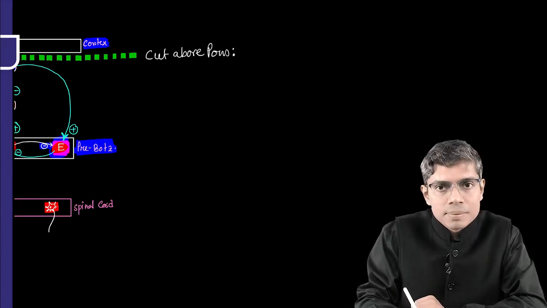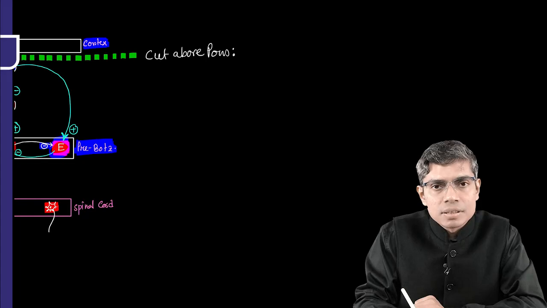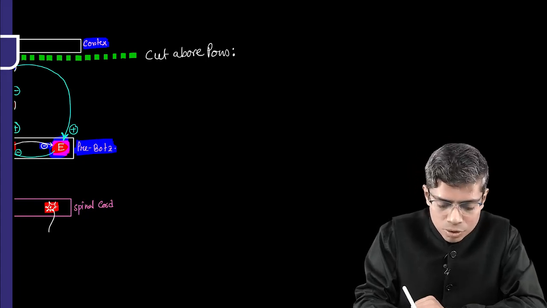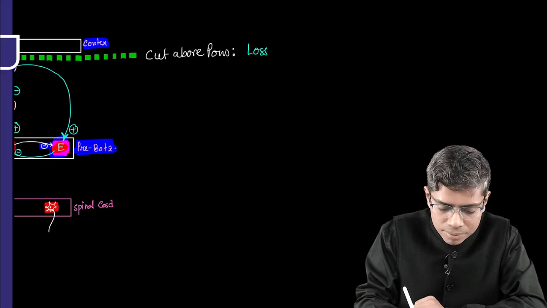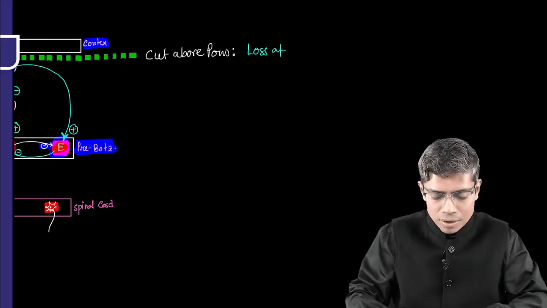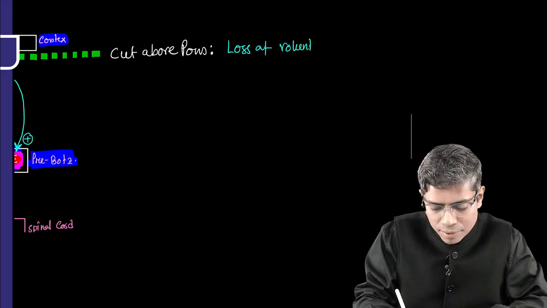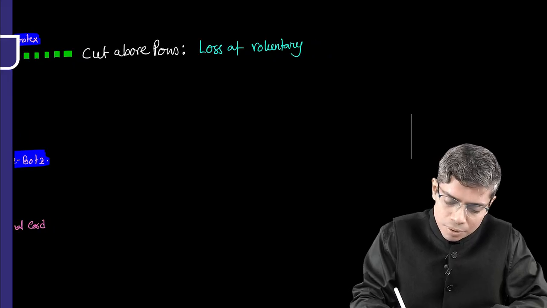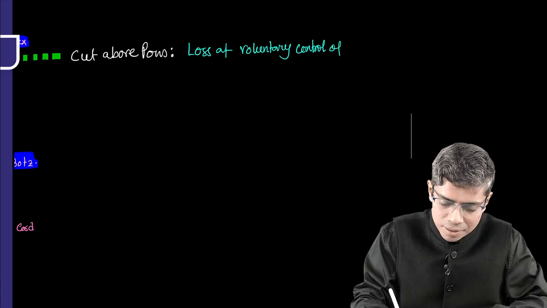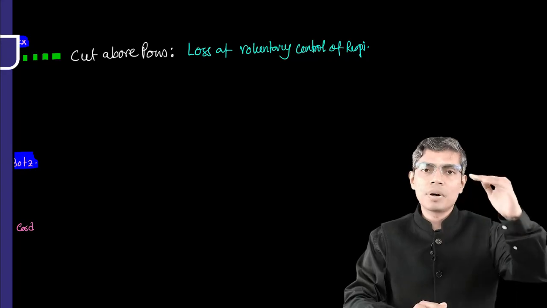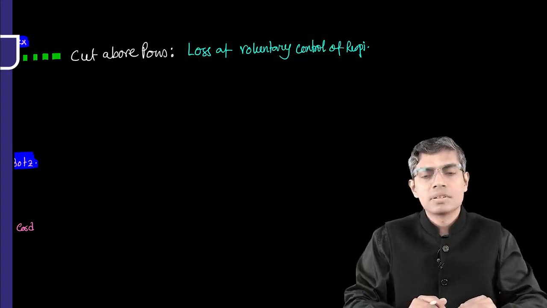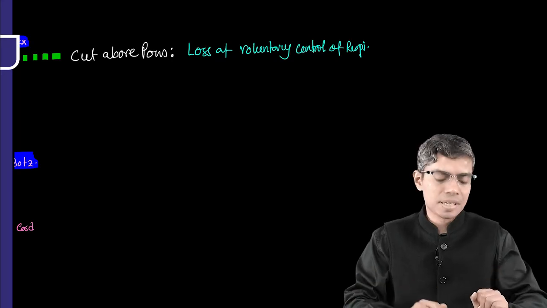Cortex is responsible for voluntary control of respiration. So there is loss of voluntary control of respiration. This you have to remember: if you give a cut at the upper part of the Pons, then there is loss of voluntary control of respiration.